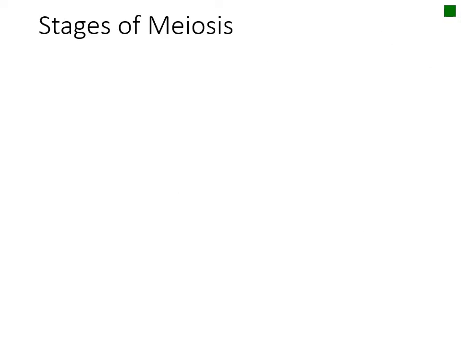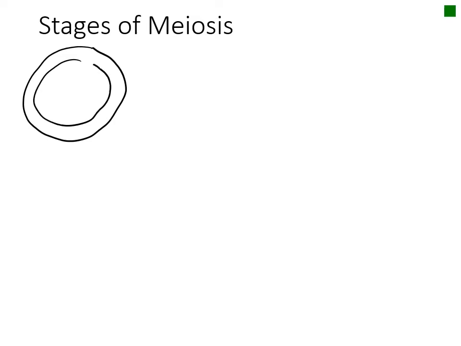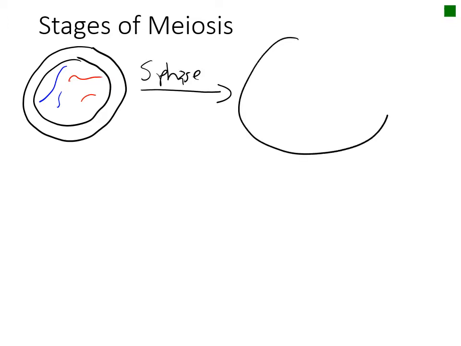To demonstrate meiosis, we will walk the same cell that we saw in the mitosis video through the stages of meiosis. Remember, this cell was a diploid cell with 4 chromosomes, 2 from mom and 2 from dad. Just as in mitosis, the cell must first go through interphase, including S phase, where those chromosomes will replicate to form sister chromatids.